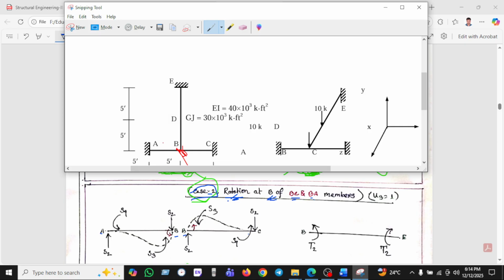These are the members of BA. We have been taking the rotation anti-clockwise. The rotation will always be anti-clockwise.